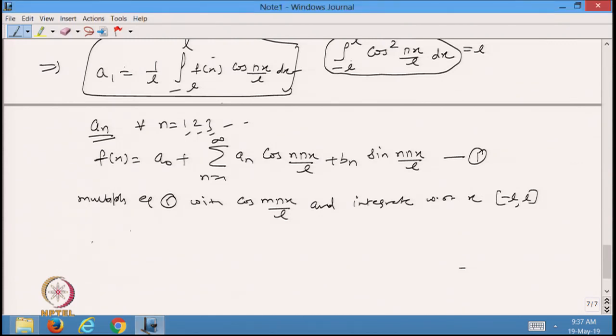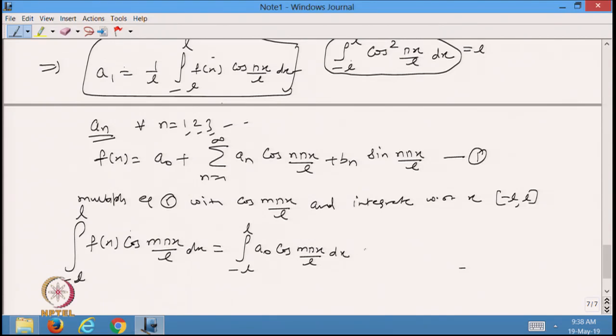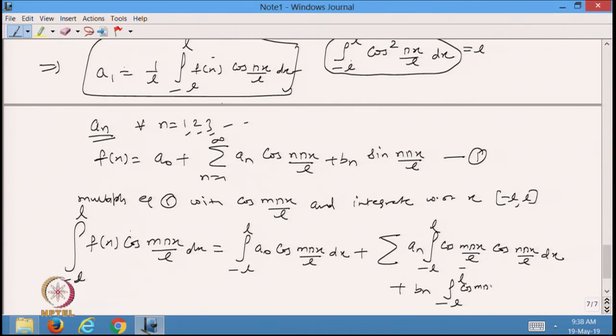From here I will get the integral from -L to +L of f(x) cos(mπx/L) dx equal to the integral from -L to L of a0, plus the summation of an times the integral from -L to L of cos(mπx/L) cos(nπx/L) dx, plus bn times the integral from -L to L of cos(mπx/L) sin(nπx/L) dx.